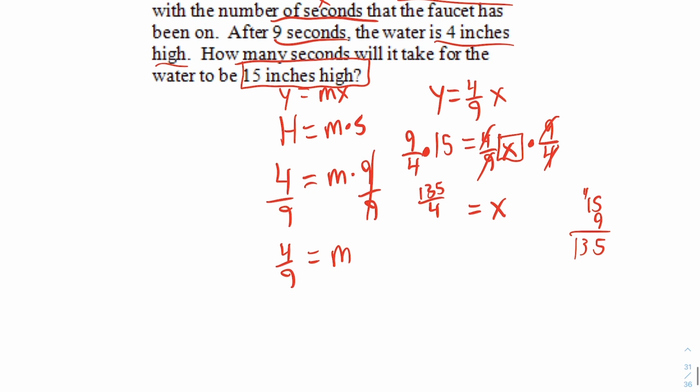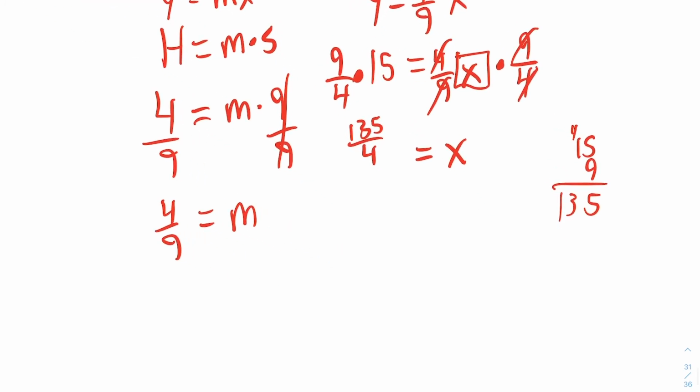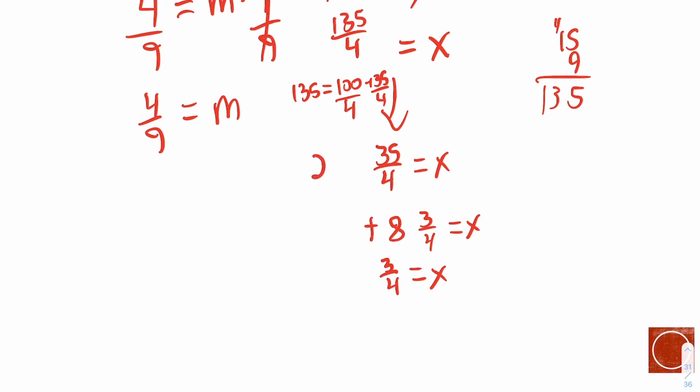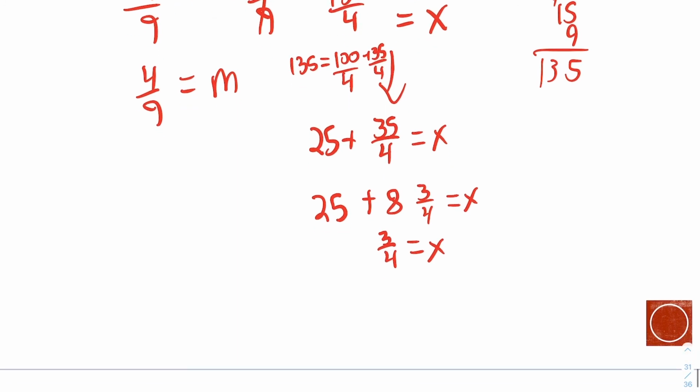Since it asks for seconds, the question wanted to know how many seconds it'll take. We should reduce this, because if somebody asked you, when will you be here? You wouldn't say 135 divided by 4 seconds. You would tell them in the actual number of seconds. So that's 25 plus 8 3/4. 25 plus 8 is 33 3/4 seconds.